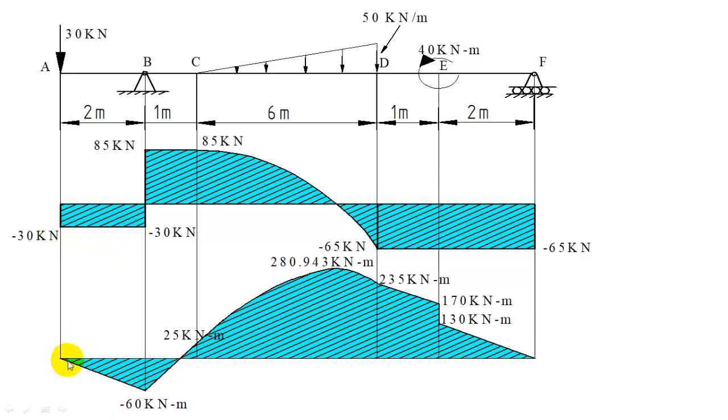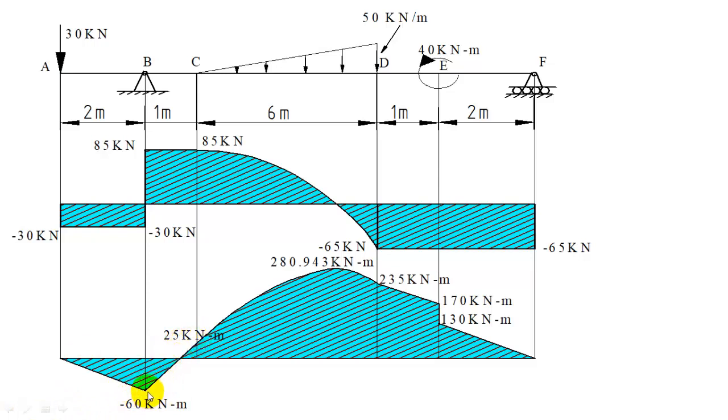So bending moment variation is linear from 0 to minus 60. Next at C we have bending moment as plus 25. So bending moment at C is plus 25. So minus 60 to plus 25.